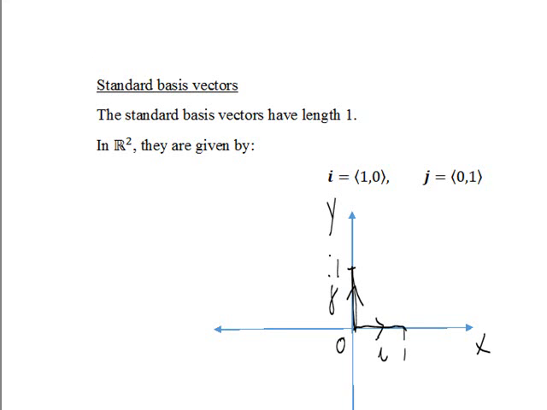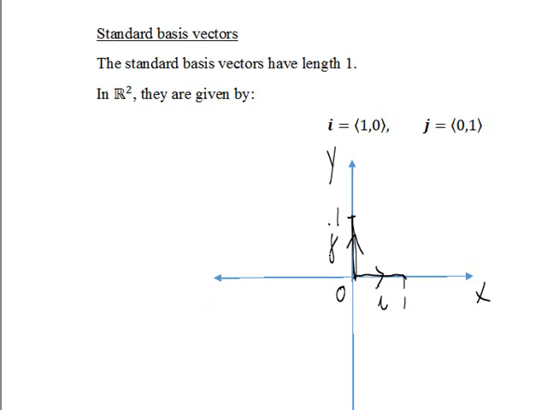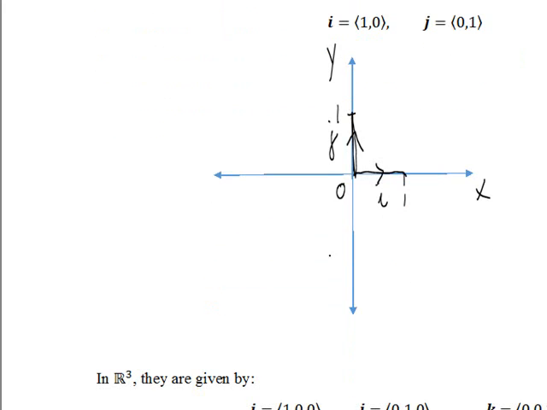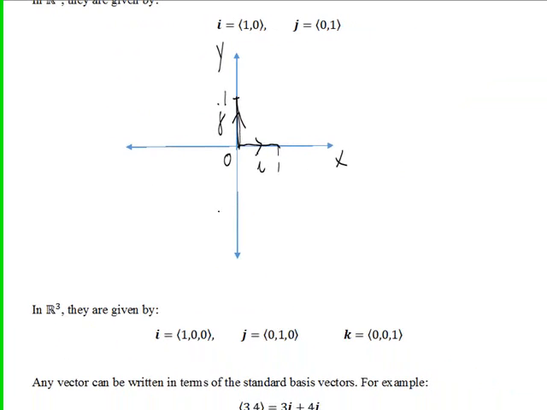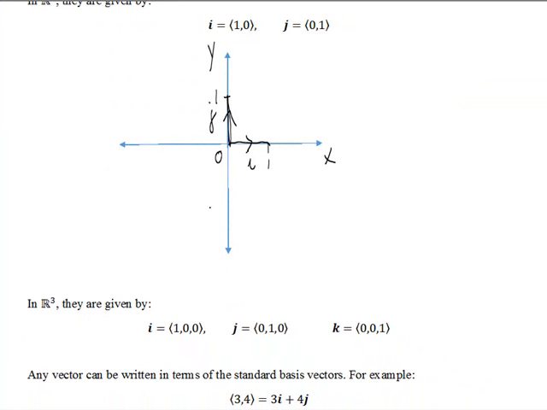And in R3, so in R2 there are 2, in R3 there are 3 of them, in R4 there are 4 of them, and so on, okay? In R3 they are given by I, J, and K. I is 1, 0, 0, so 1 in the X component, J, 1 in the Y component, K, 1 in the Z component, and zeros everywhere else.